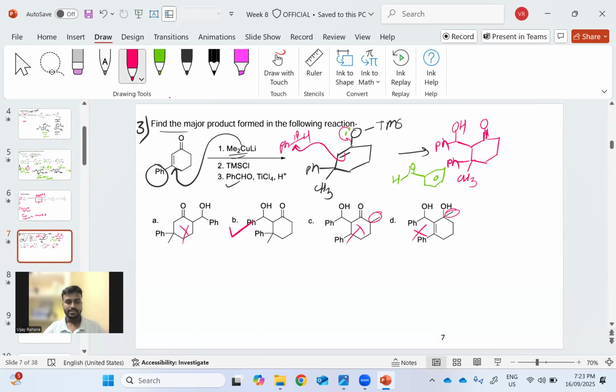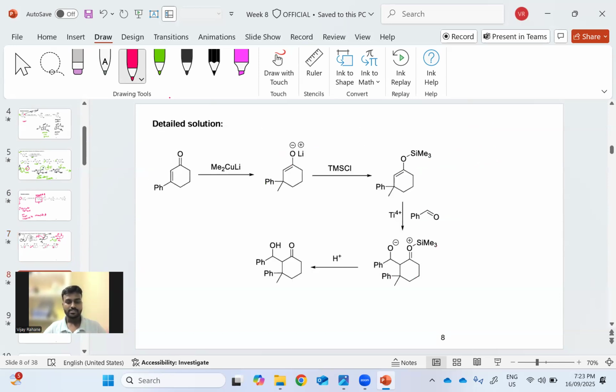So I hope you understand this question. You can refer to this reaction mechanism, in a stepwise manner. It is the same one that I have explained. So this methyl lithium attacks at this position, right? And this OLi complex forms, which is then converted into the OTMS, right?